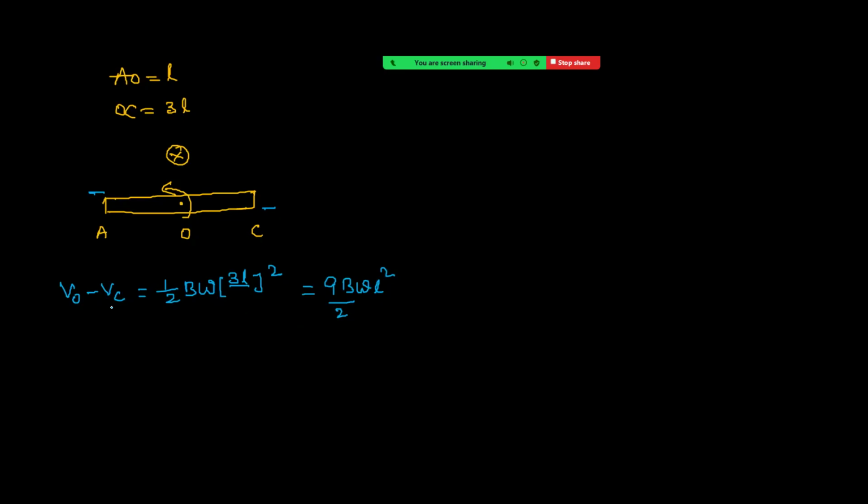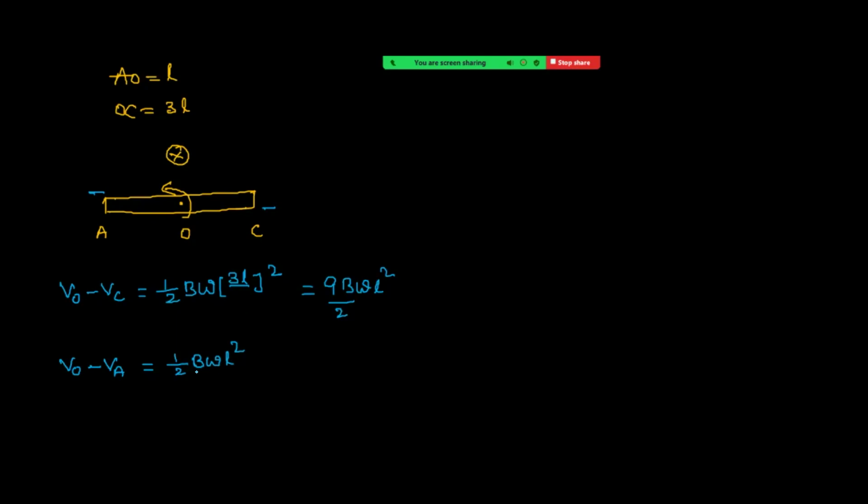Next, coming to across OA, I am writing VO minus VA equal to half B omega. Now the length of OA is equal to L, so it is directly L square, right?